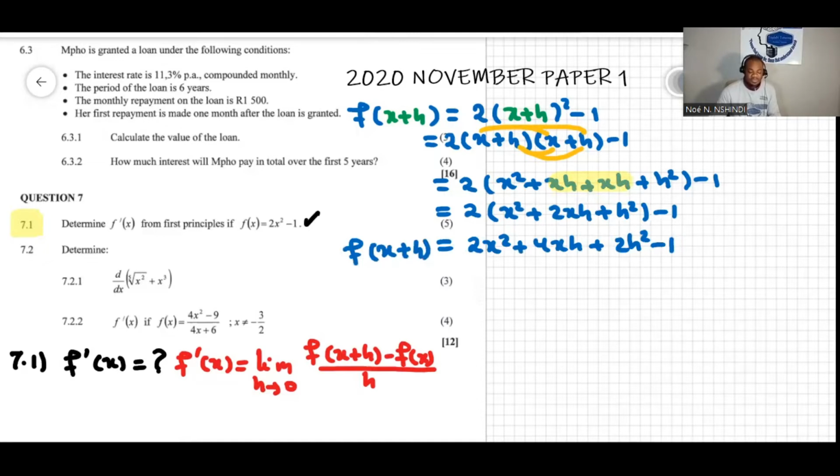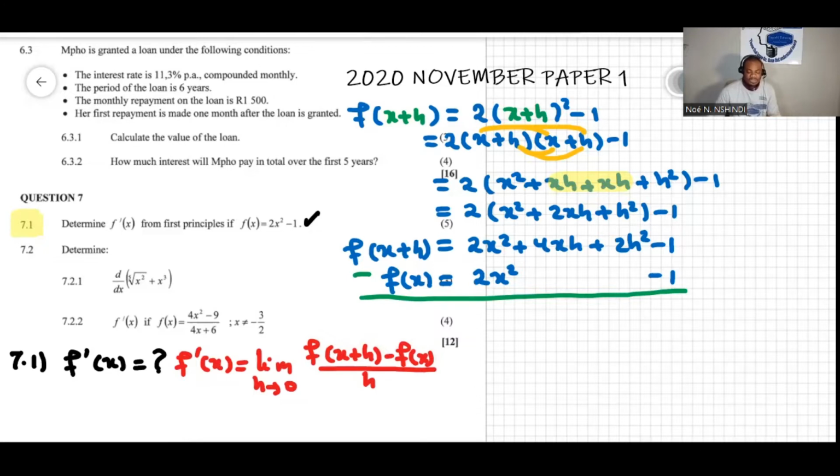Now remember that f of x itself was given by 2x squared minus 1. I need to work out the numerator of this fraction, so I subtract f of x from f of x plus h.